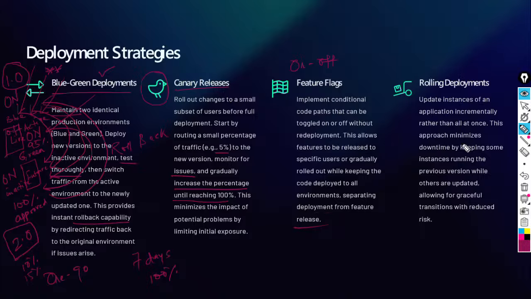This approach minimizes downtime by keeping some instances running on the previous version while others are updated, allowing for graceful transitions with reduced risk. This is also very good. These three are very popular, but this is the most popular. Any questions?